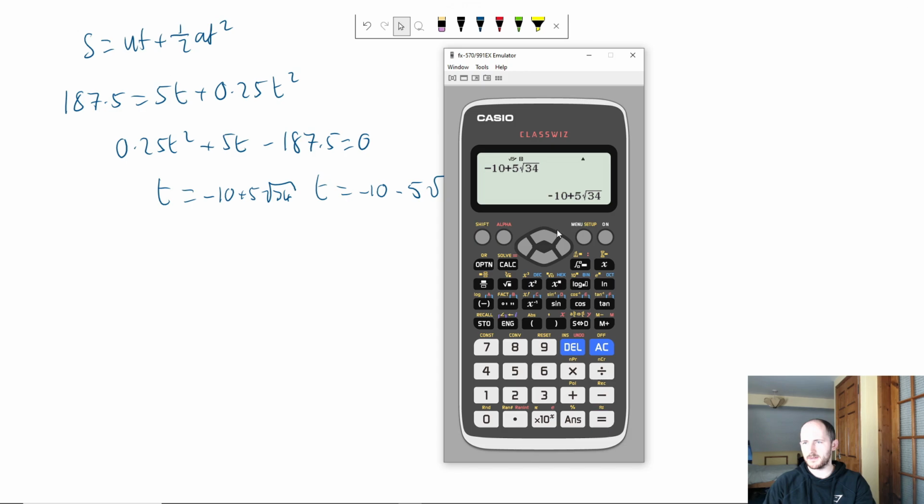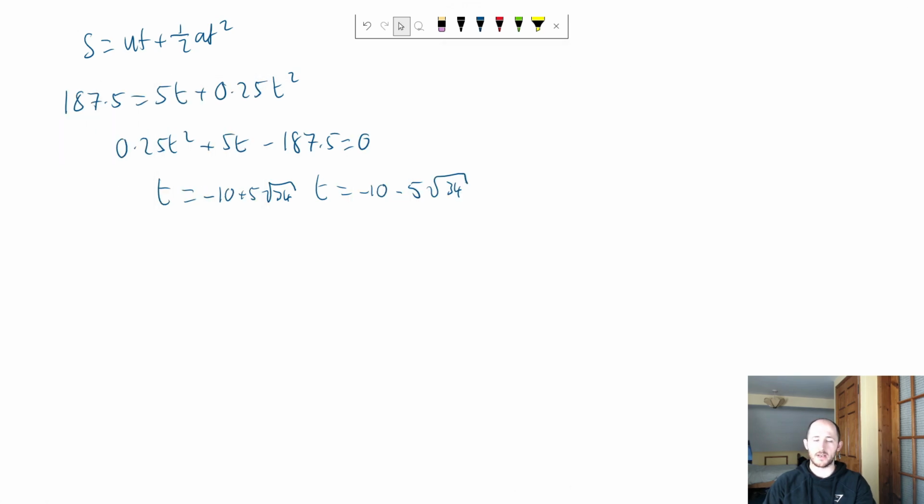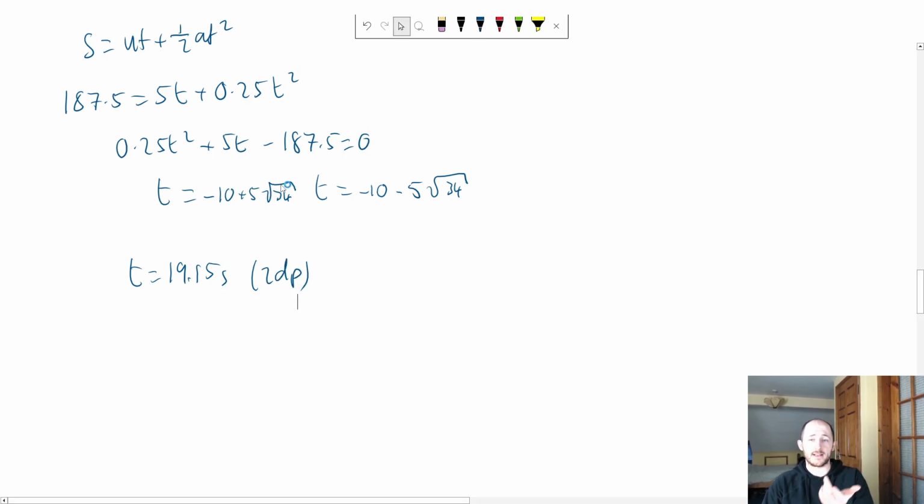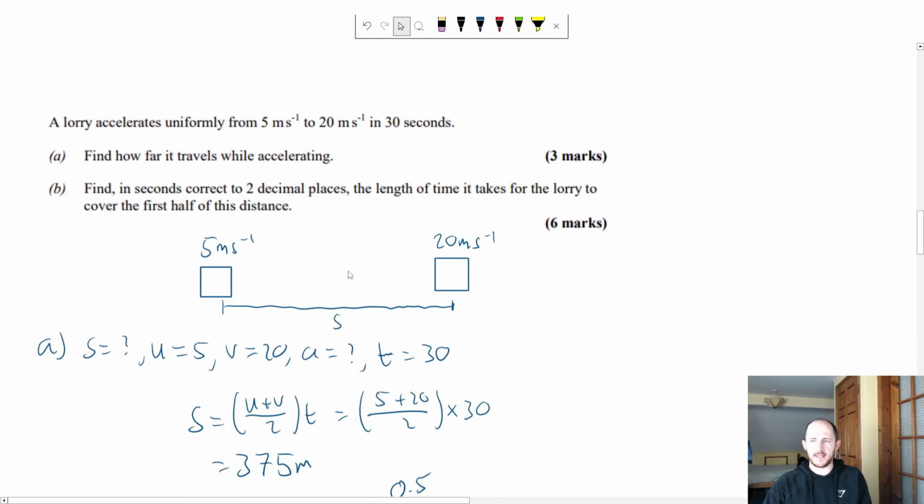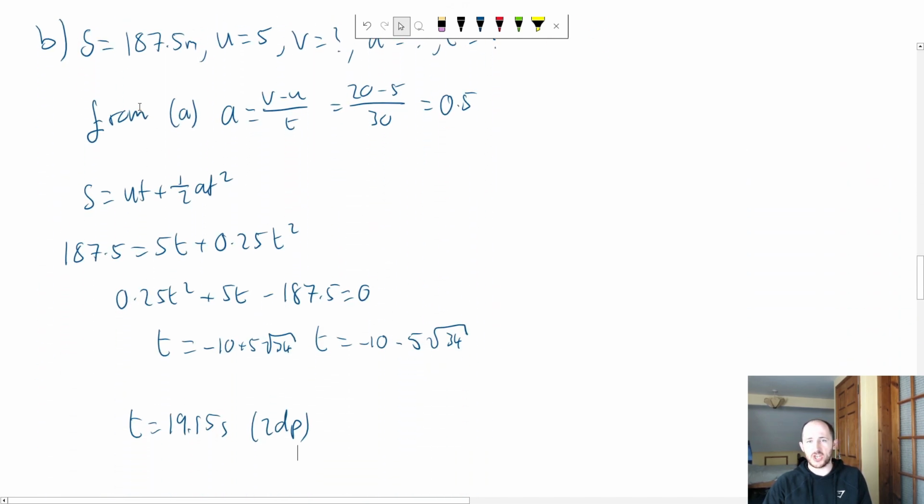Come on. Here we are. Shocking. Thank you, calculator. It says to 2 decimal places, so t is equal to 19.15 seconds to 2 decimal places. Again, I'd always recommend writing the exact value as well, just so the examiner can see. But that here is 6 marks. Not that bad in my opinion.